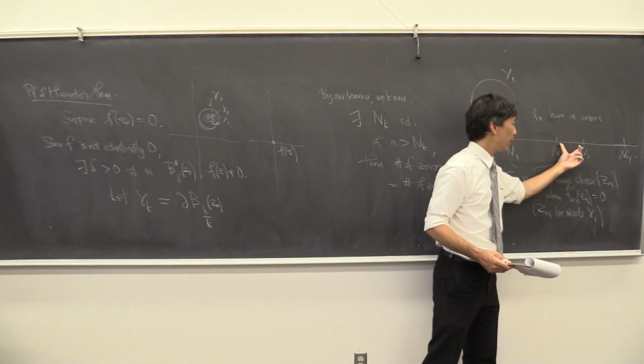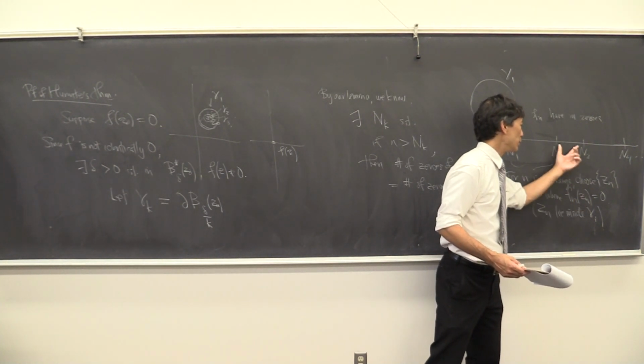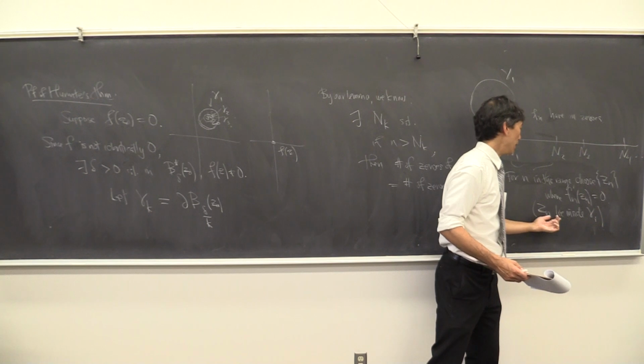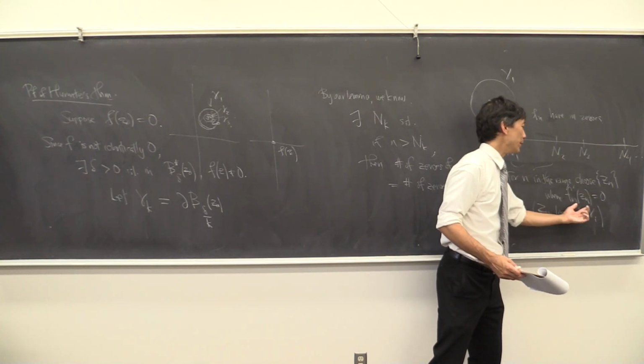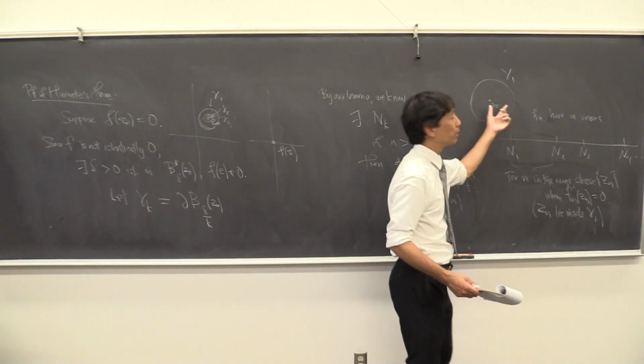Once you get into the next range, you choose the corresponding points where these functions will be 0, and those zeros will lie inside of gamma 2, and so on and so forth.